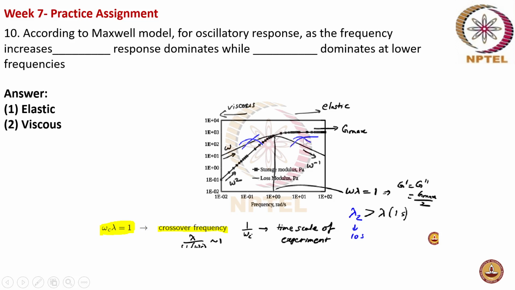As the frequency increases, your elastic response starts dominating, right? So obviously it will be on the left hand side. Yes, ma'am. Also, your time increases, which is inversely proportional to your frequency. So your frequency decreases, and this crossover will happen at a lower frequency. Okay, fine.